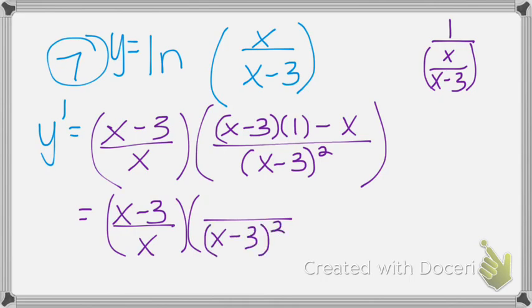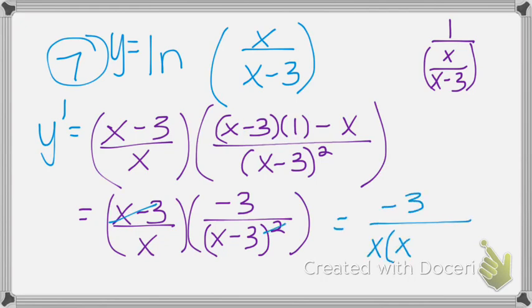I do need to simplify this part right here. I think we end up with a negative 3. Okay. And there's one thing that can be canceled or simplified. By the way that you flip it and everything, you have this x minus 3 here that will go away. So we end up with negative 3 over x times x minus 3.